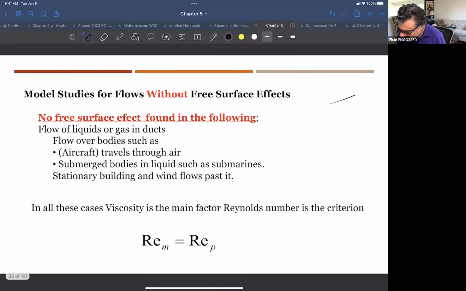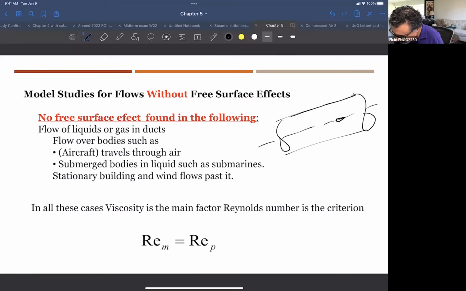But flow in a pipe like this. Do you have a free surface in this pipe? Of course not, right? Because this is enclosed, and the pressure at any point here could be different.